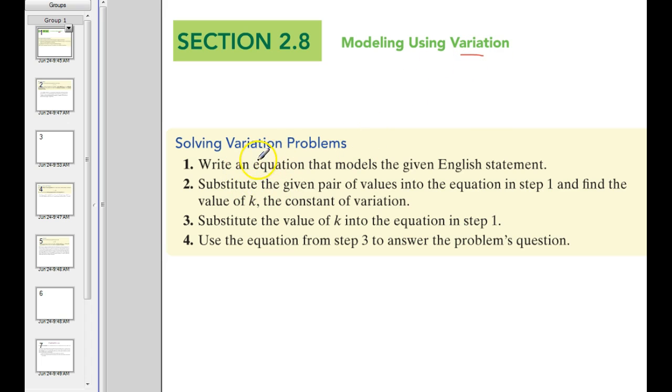So when we do these variation problems, it's going to be anywhere from 1 to 4 of these steps. Some of them, all we have to do is translate from English to math, and then sometimes we have to solve for k, figure out what k is, and set up an equation.